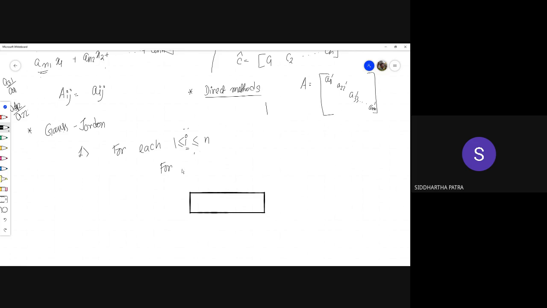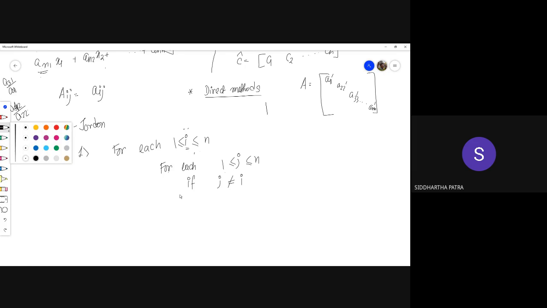For each I, each j going from 1 to n, if j not equal I, okay, then we would calculate gamma. So you understand, there is a for loop, and in that there is an if block, in which what we are doing is calculate gamma as a_ji.